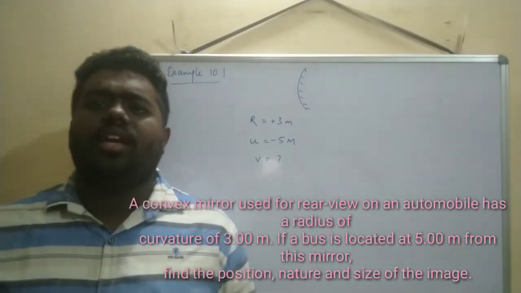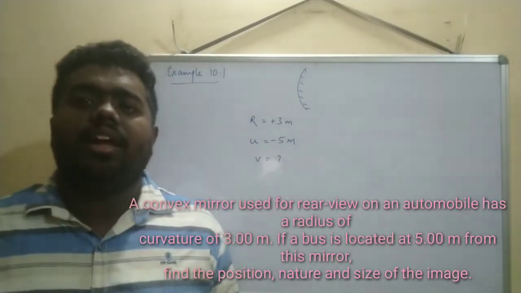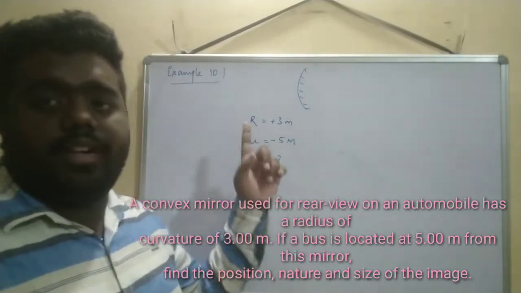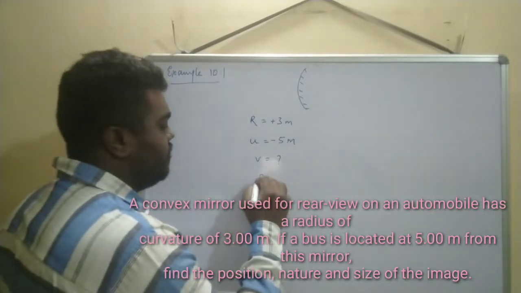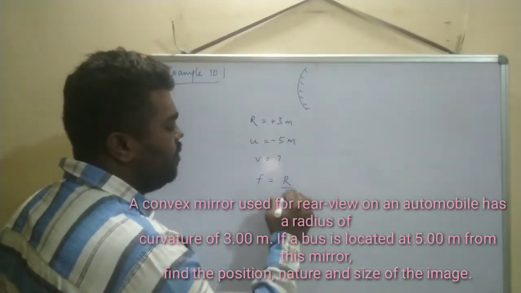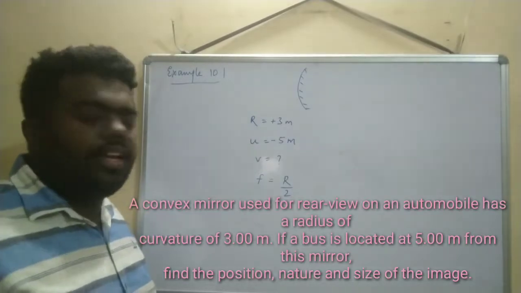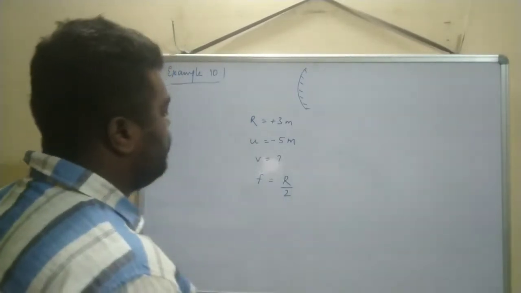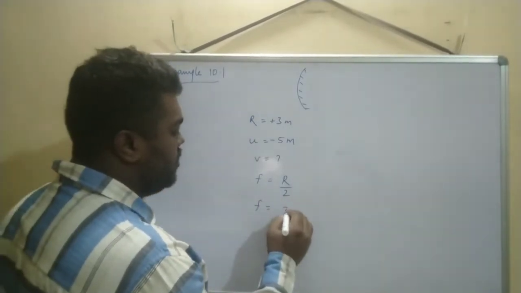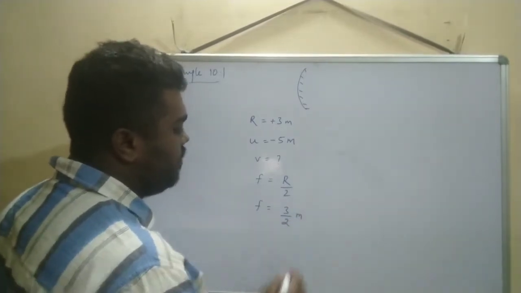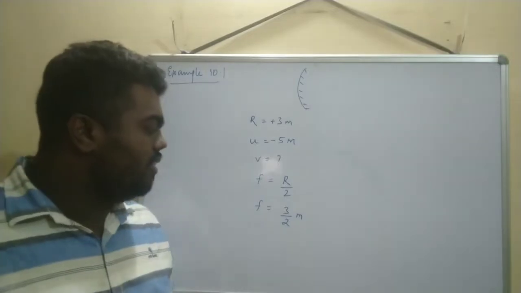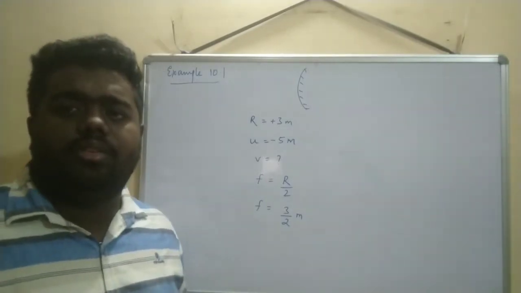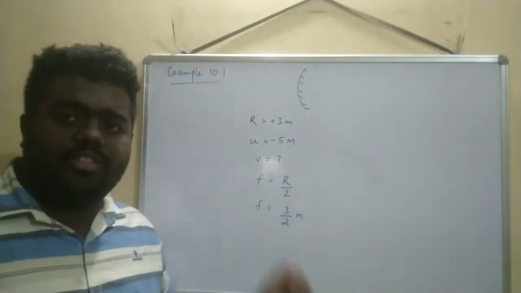But we require f for that, and f is not given but radius of curvature is given, and we know the formula f is equals to r upon 2. So f is equals to 3 by 2 meter. I am not converting it into decimal because further it will be convenient to solve when we are keeping in fraction.